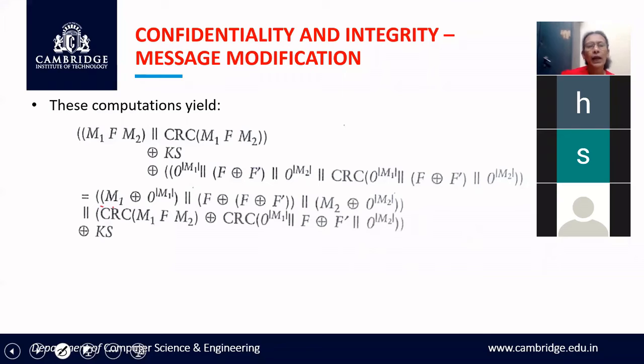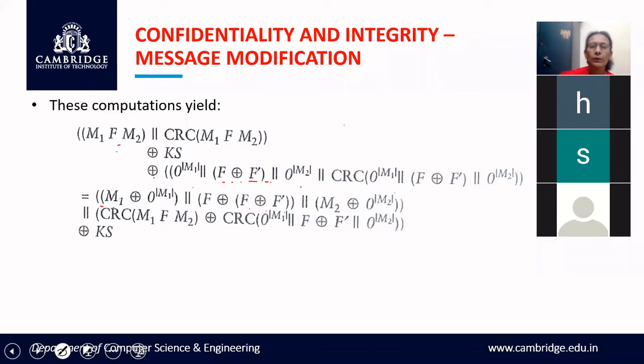Next you have F1, F concatenated with F XORed with F dash. So you will get F XORed with F XORed with F dash. Next you have M2 XORed with 0 to the power of mod M2, or M2 number of zeros.